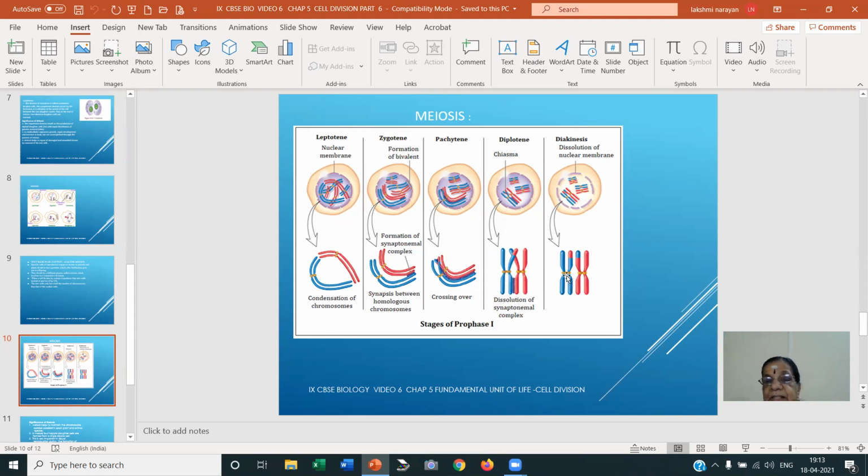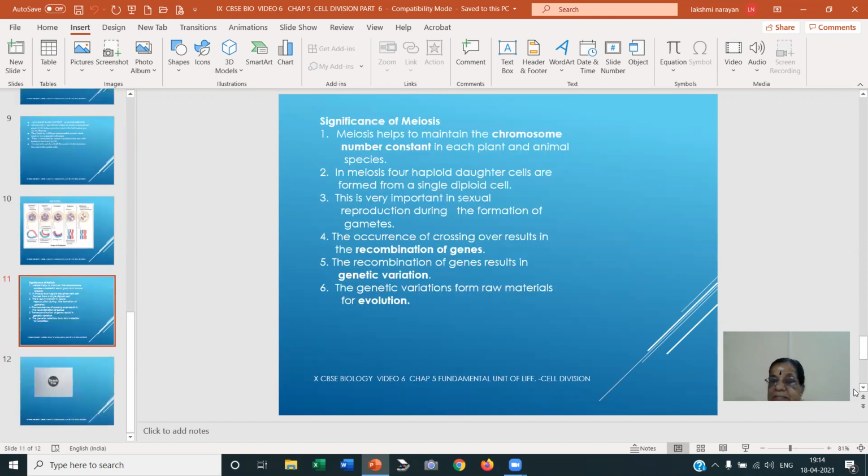The exchanged segments blue, red, red, blue are separated. So this phenomenon during diakinesis is called terminalization. I hope you are following this. So this is meiosis 1, the prophase stage.